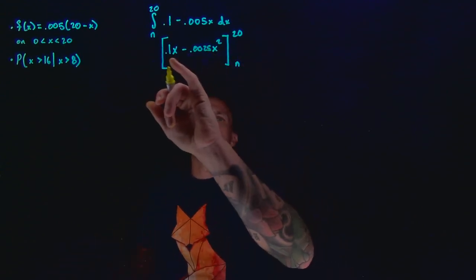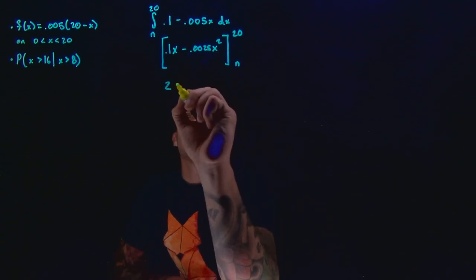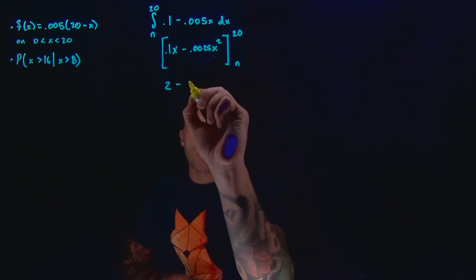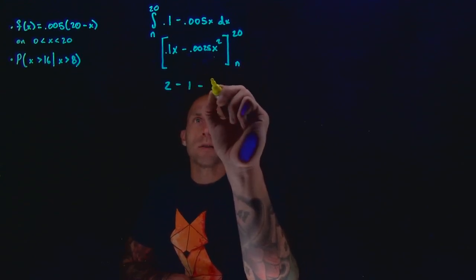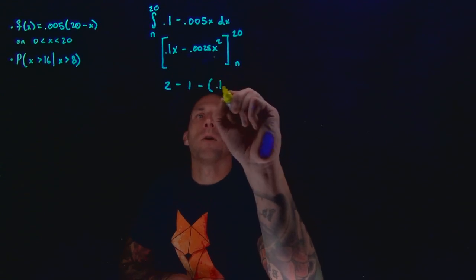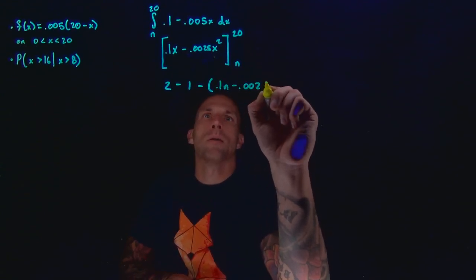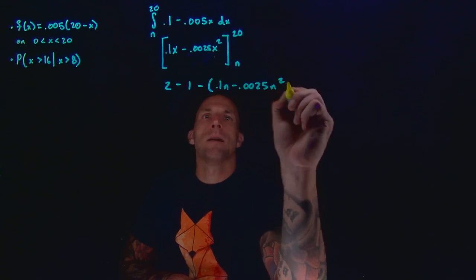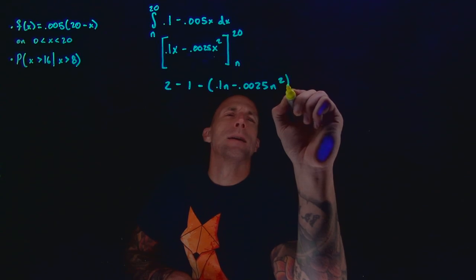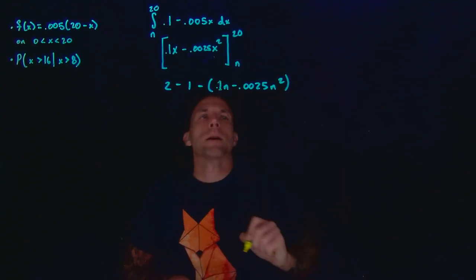Plug in the 20: 0.1 times 20 is going to give us 2, minus 0.0025 times 20 squared is going to give us 1, minus, and then we'll do the substitution with the n. So 0.1n minus 0.0025n squared.